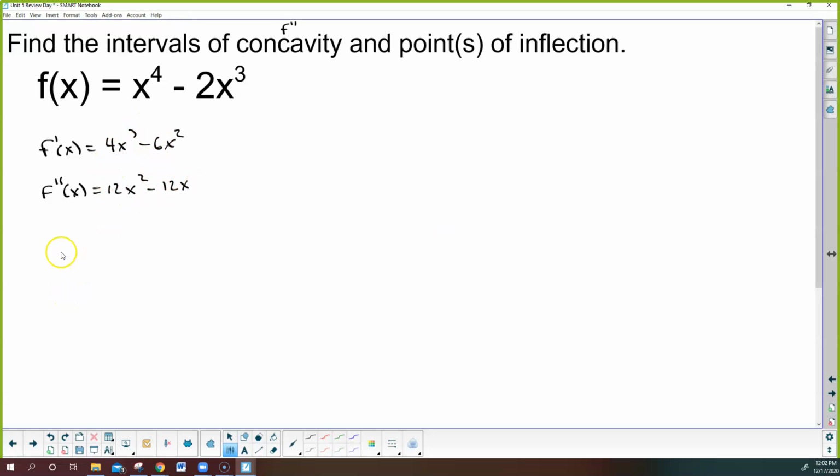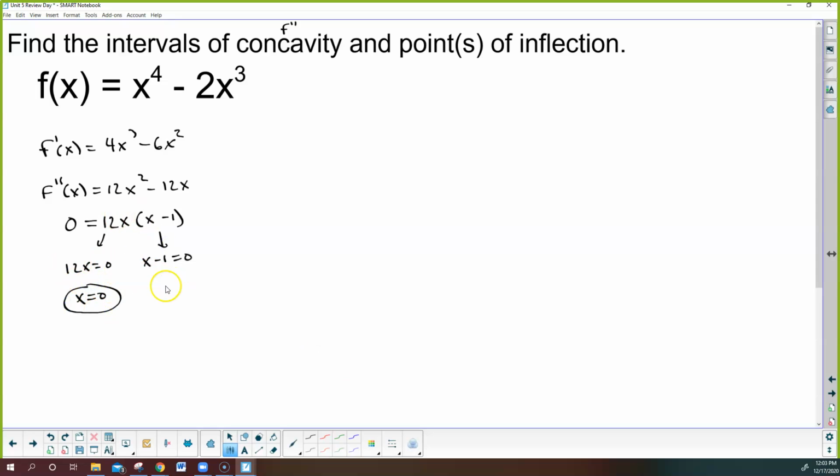Just double checking. All right, now, points of inflection occur when the second derivative is equal to 0. So I'm going to set this equal to 0, and at the same time, I'm going to factor out a 12x from each piece. All right, and then we'll use the zero product property to set each factor equal to 0.